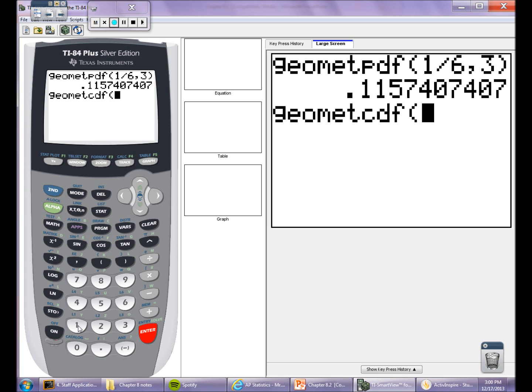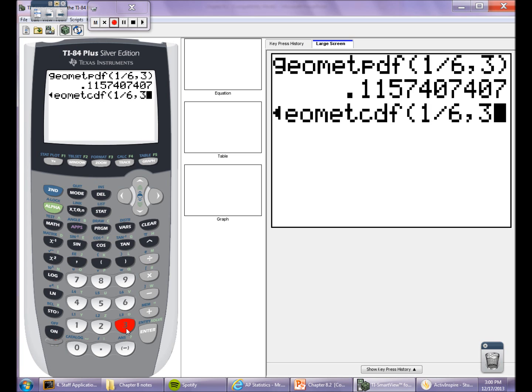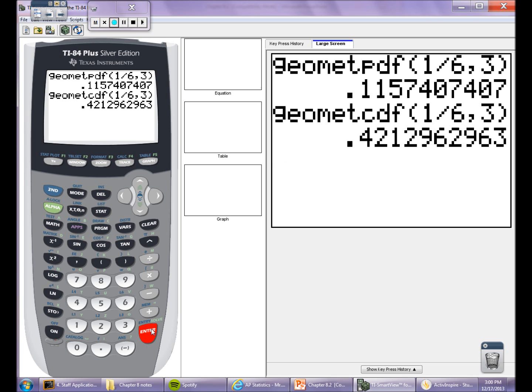So if I wanted to answer that question, probability of success happening within 3 rolls, not on the third roll, hit enter, and you can see this value is higher.